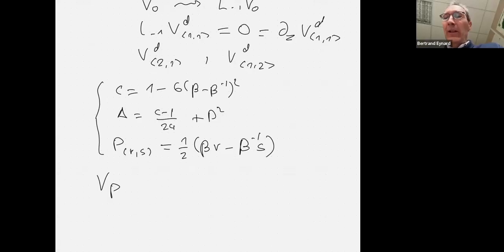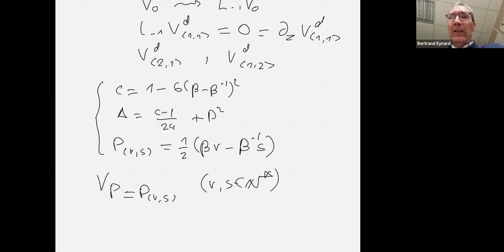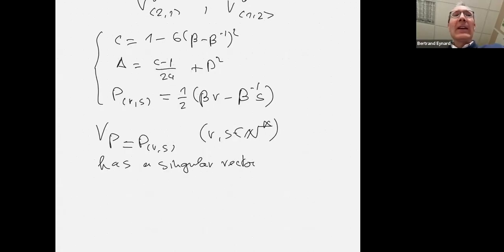If R and S are strictly positive integers, this VP is a degenerate field in the sense that it has a singular vector at level R times S, and if this singular vector vanishes, then it becomes a degenerate field VDRS.